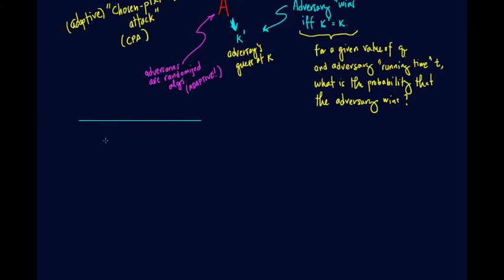So we'll write EXP for experiment in the KR, or key recovery game, and the object that we're attacking is this E that we've been talking about, this block cipher E, and the adversary's name will generically be A.